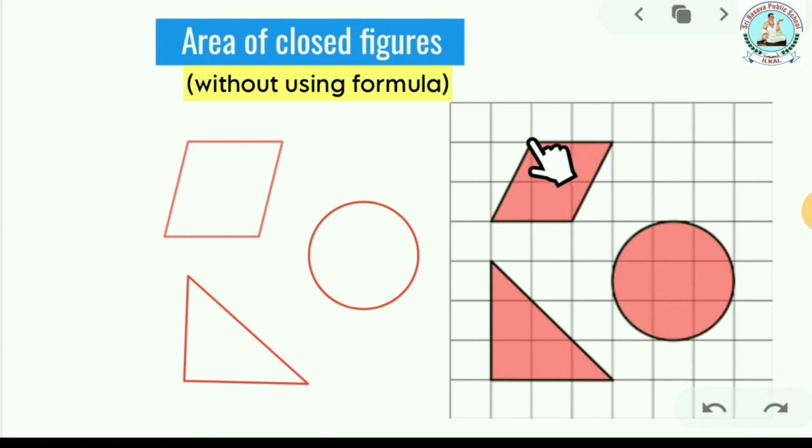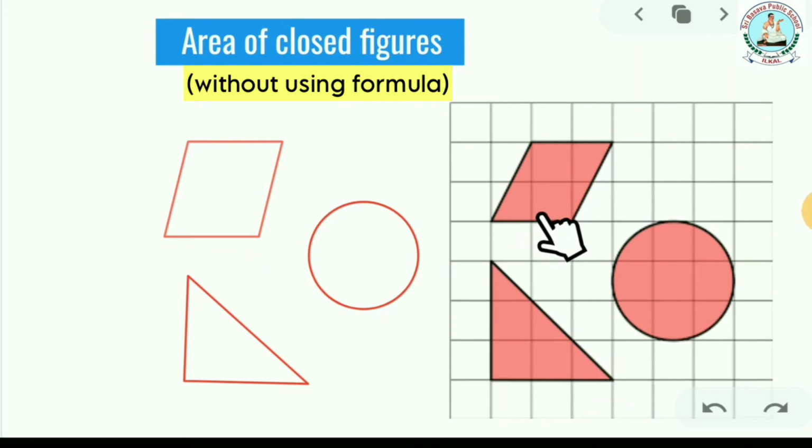So consider the full squares first, and half squares, and next the squares which are filled more than half. The full square is considered as 1 square centimeter, the square which is filled more than half is considered as 1 square centimeter, and the square which is filled exactly half is considered as half square centimeter.